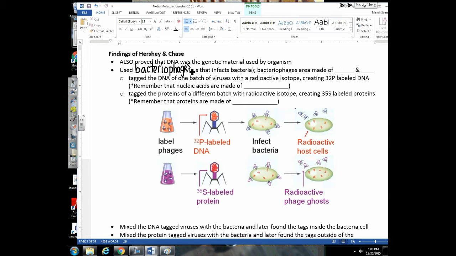Now, bacteriophages are very simple structures. They're basically made of 2 different molecules. They're made of proteins and DNA. So Hershey and Chase set up 2 different treatments. So here's treatment 1. Here's treatment 2.